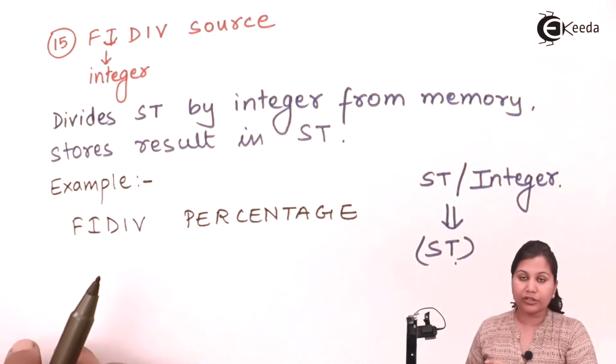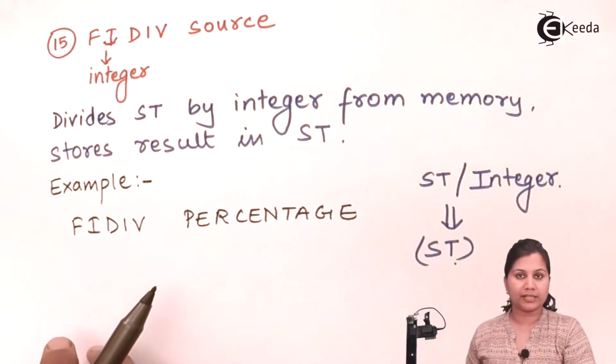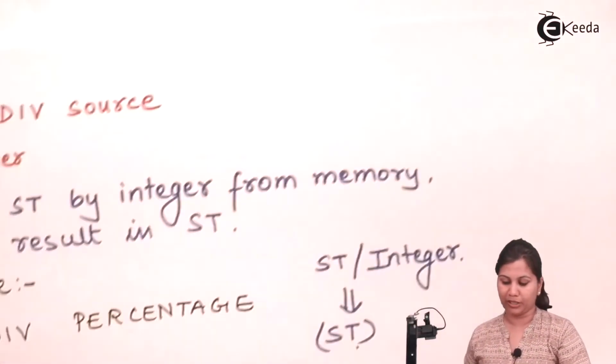Now the reverse operation can also occur. Earlier the destination was divided by the source, now the source is divided by the destination, just like we studied in subtraction.